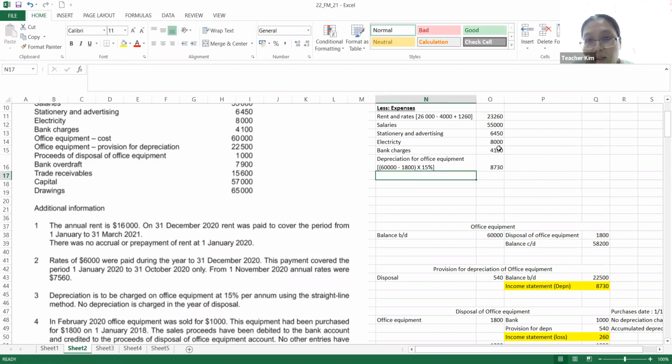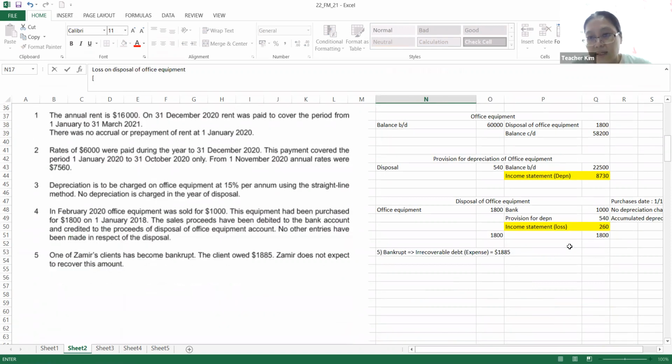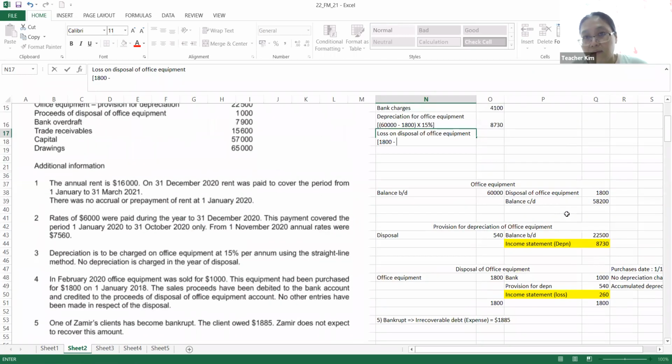Okay, the next one, loss on disposal of office equipment. Show your working. Take the 1,008 minus 1,000, sorry, minus 540.